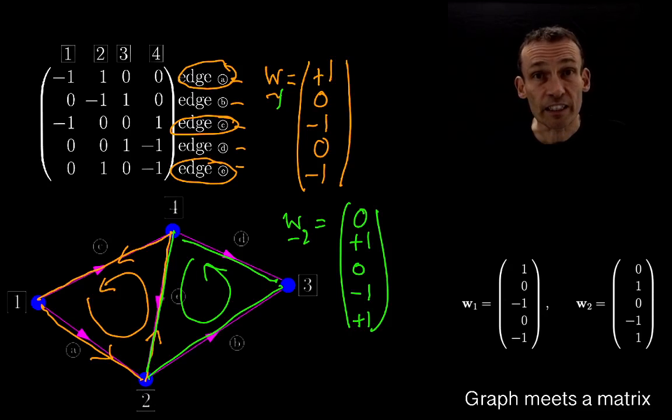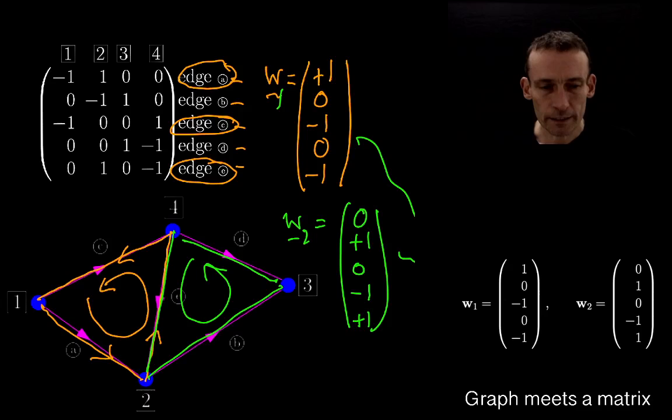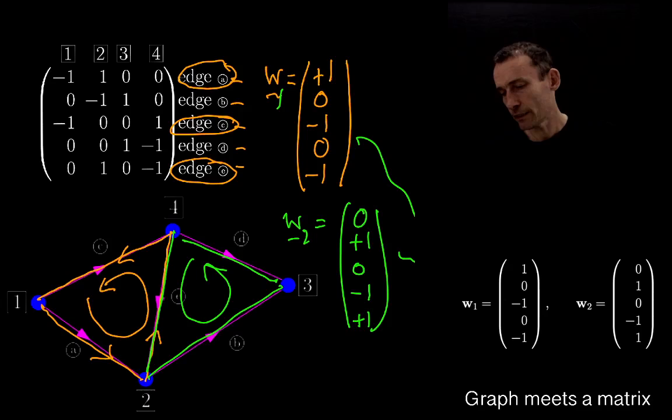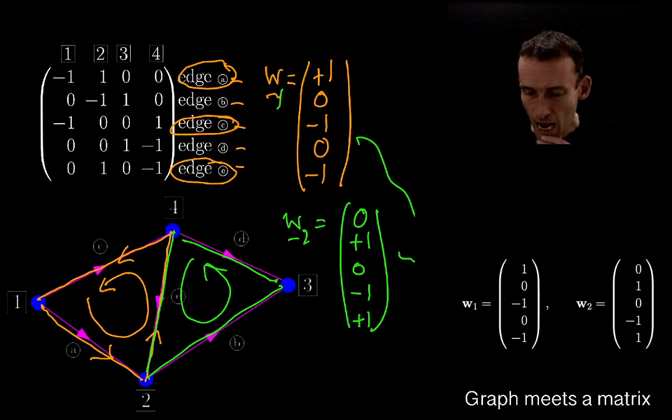Do you notice anything? I've noticed that these two vectors are precisely the W1 and W2 that I wrote down in the first couple of lectures. Interesting. So, and I know that they are left null vectors.